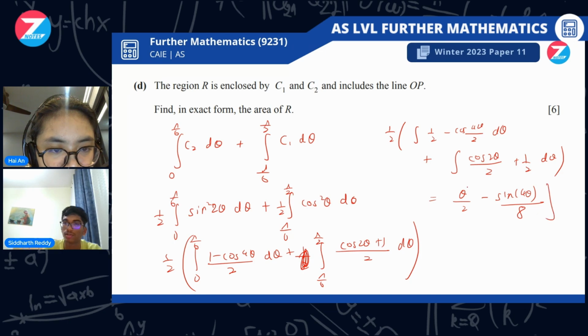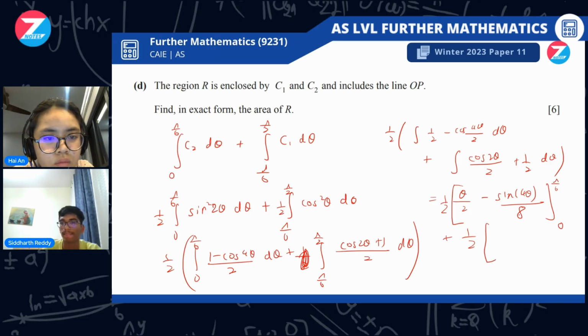So the bounds of this integration are from 0 to pi by 6, plus half of the integration of this one, which will be the integral of cos, again sine, so sine of 2 theta divided by 4 plus theta by 2, from pi by 6 to pi by 2.